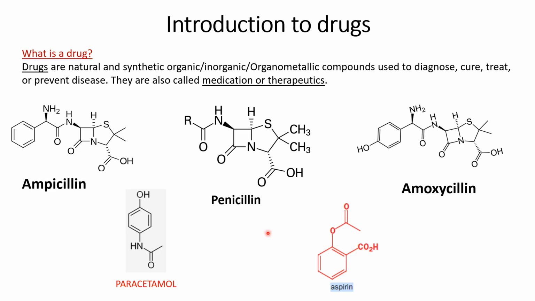These are also called medication or therapeutics. Some of the commonly used drugs are ampicillin, you see the structure here, paracetamol, penicillin, aspirin, and amoxicillin. Here paracetamol is used as antipyretic, whereas aspirin is an analgesic.